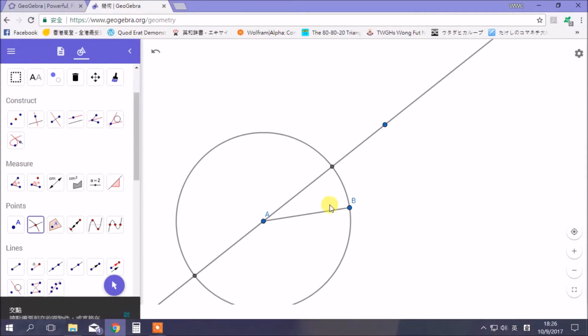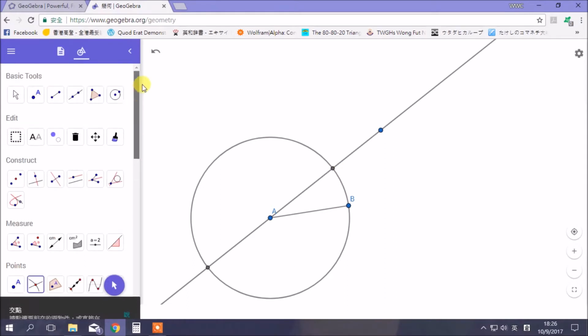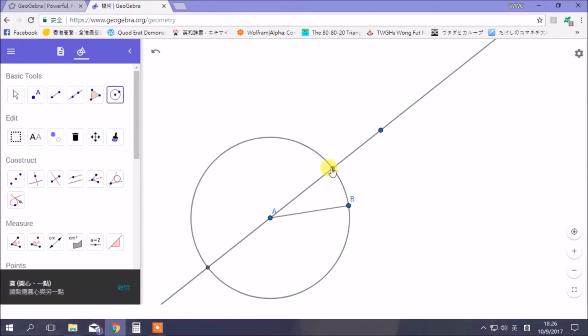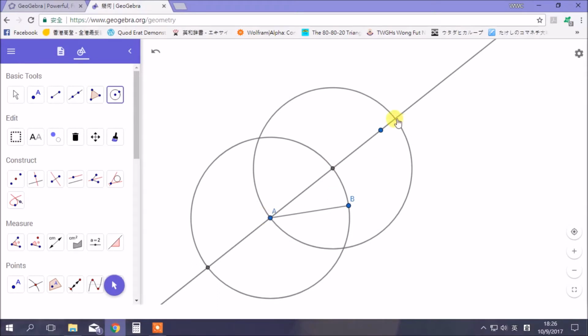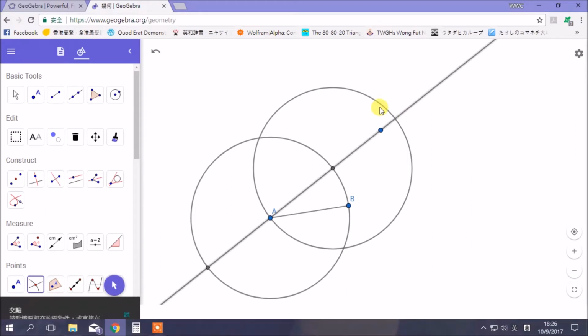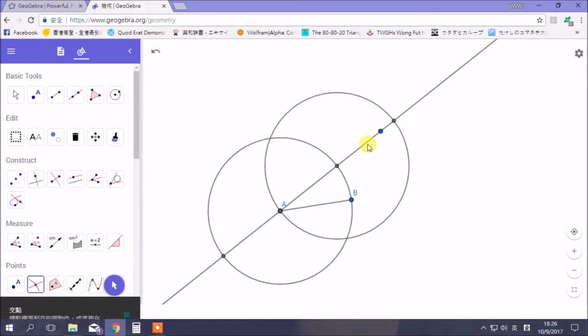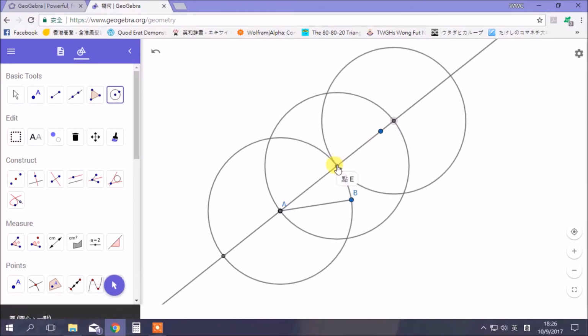Now, if we try to duplicate more circles on this line, for example, this time I center at this point, going back to A, then you can see that I can create another point here.